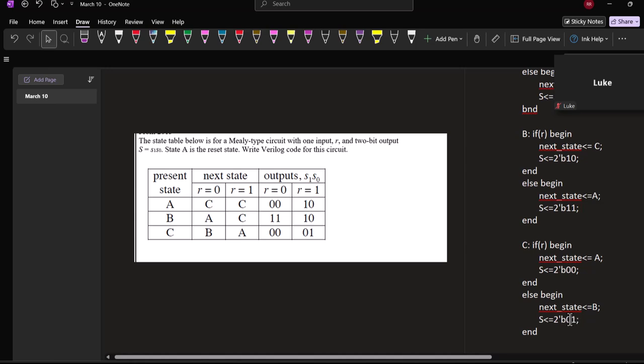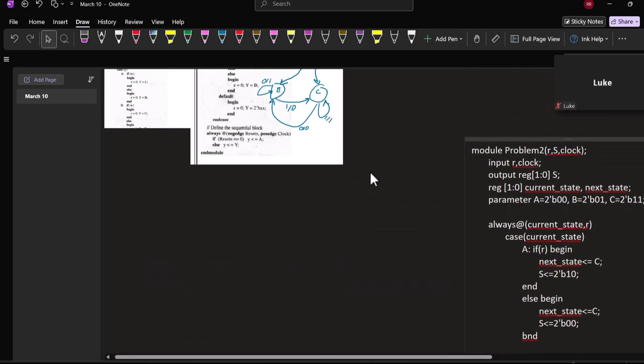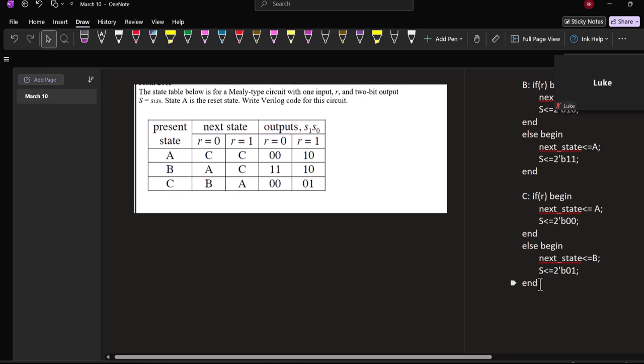Now, especially because we didn't use all 4 possibilities of our parameter, so our states are 0 0, 0 1, and 1 1, and we didn't use one of them, we need to be careful and put in a default. Whether it would matter or not, I don't know, but Vivado won't like it if you don't.